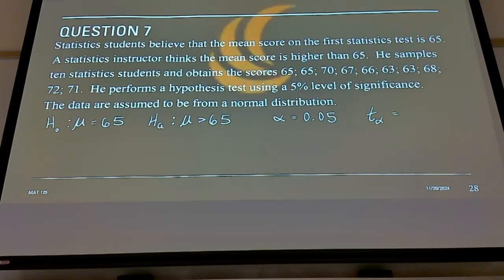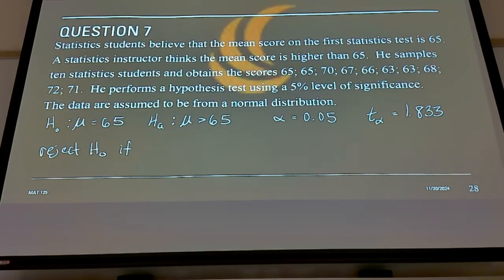So with 9 degrees of freedom, we want the area in the right tail to be 0.05. That's 1.833 from the table.